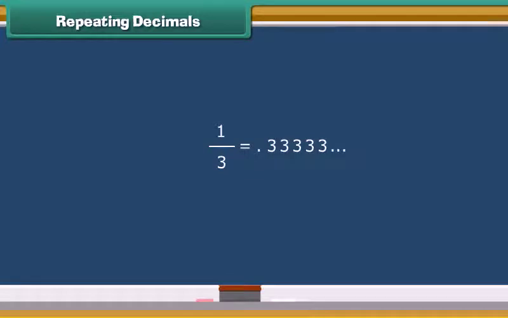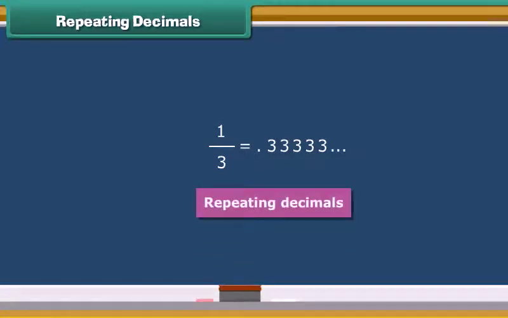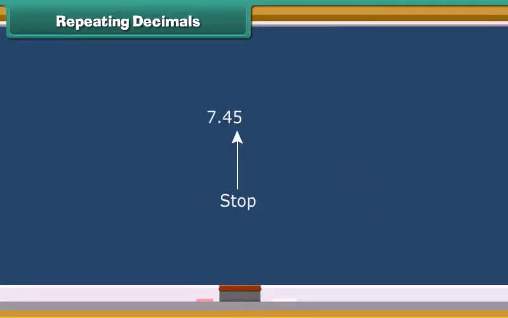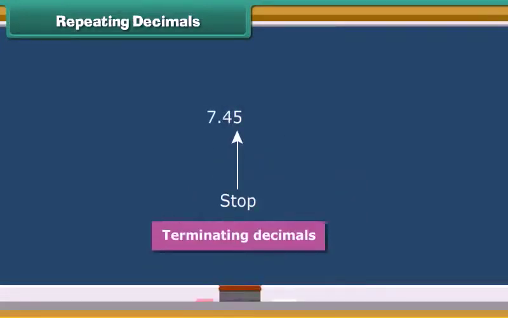So these decimals are termed repeating decimals. You can round off the number after the 3 to 3/10 or 0.3, but it is more accurate to put a line over the last number. This line indicates that the number keeps on going. And the decimals that stop are called terminating decimals.